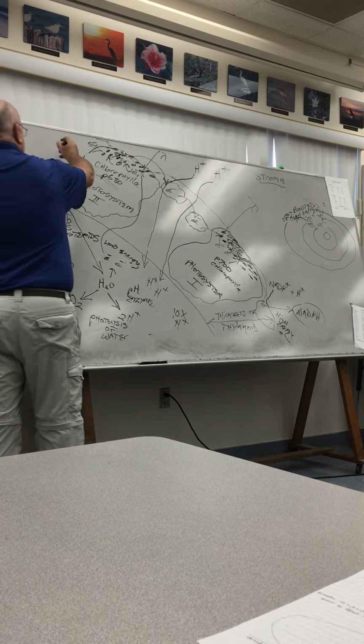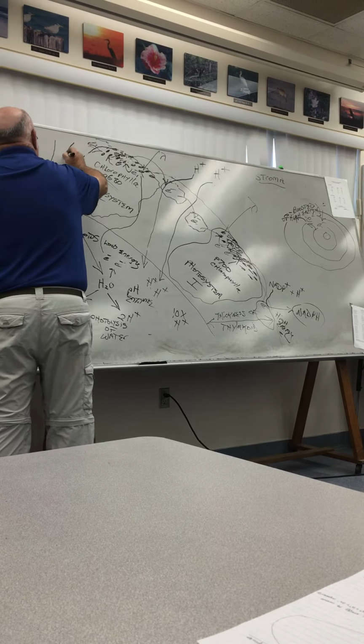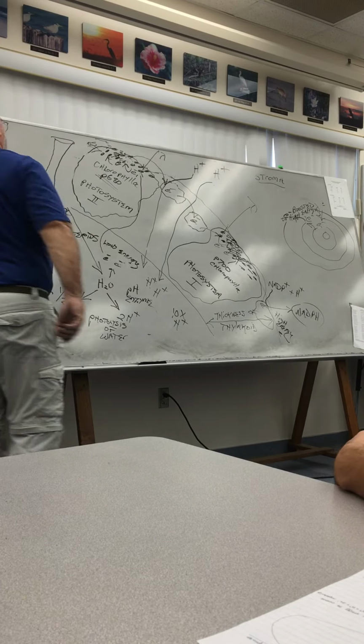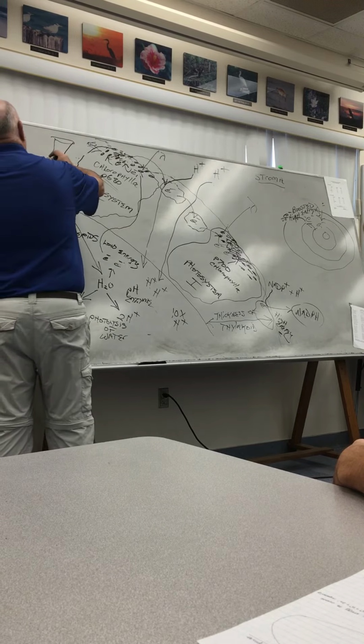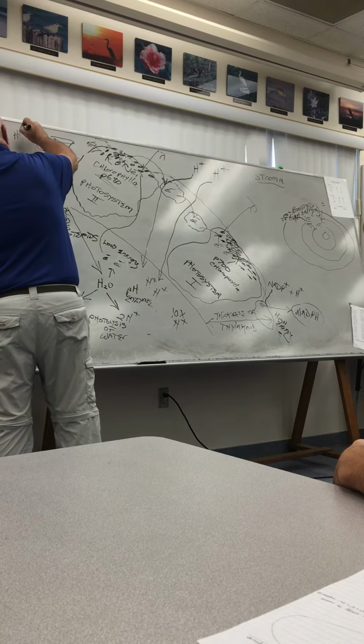Okay, so right here is going to be a channel. And this isn't very well shaped for what it really looks like, but it's just a cartoon version. And it's a hydrogen ion channel.